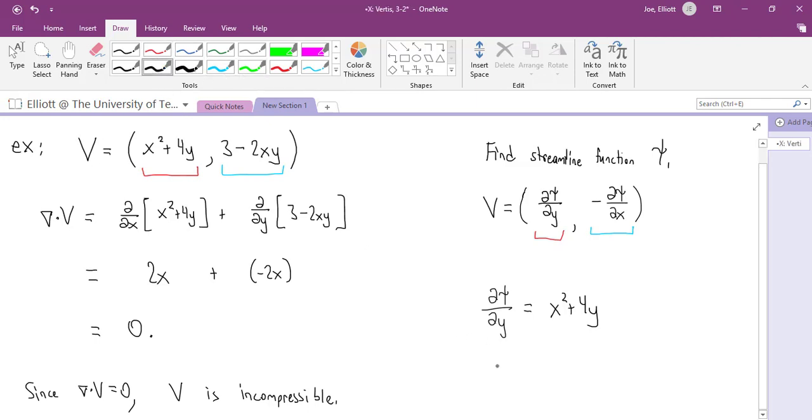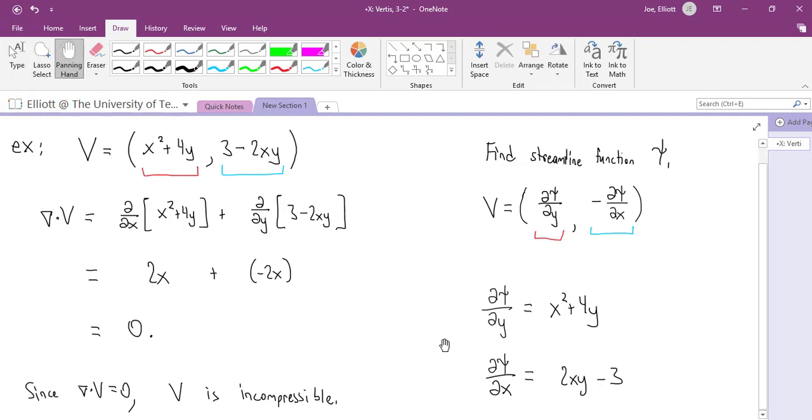And from that, we will get that the partial derivative of c with respect to x should equal the negative of this. So then the negative of this, I'm just going to change the sign of everything. So I'll make it 2xy minus 3.